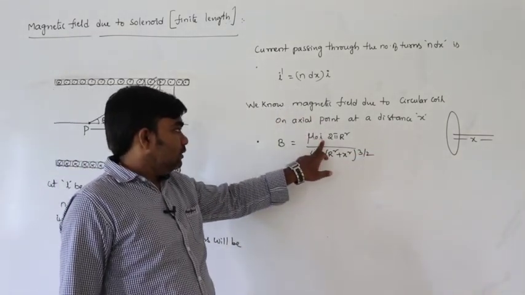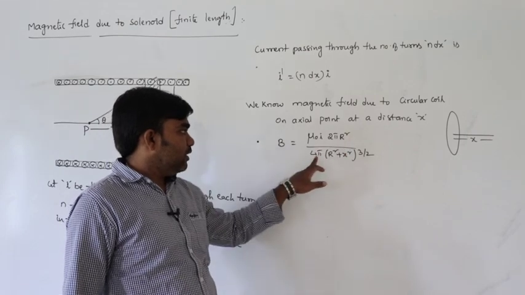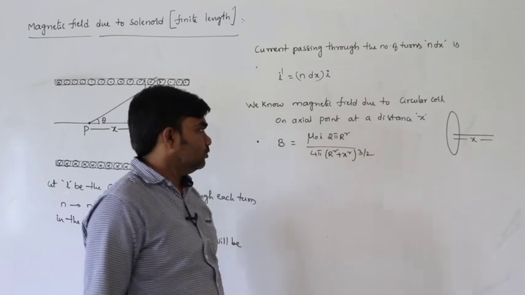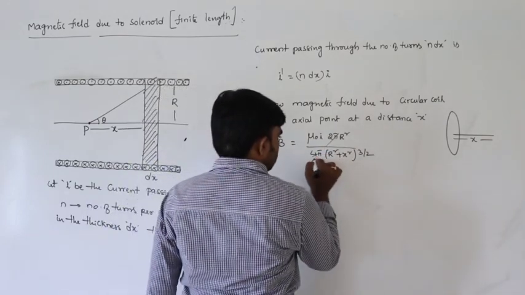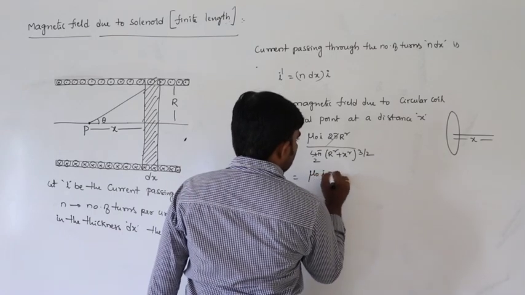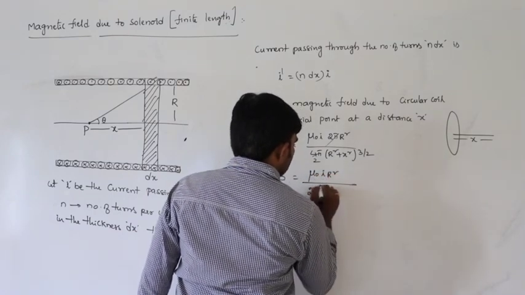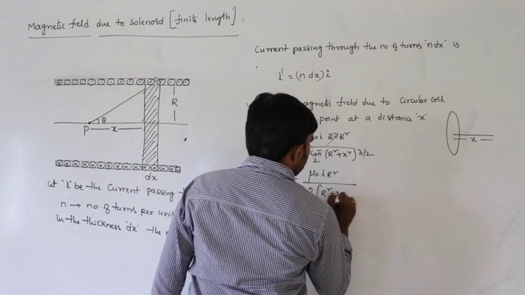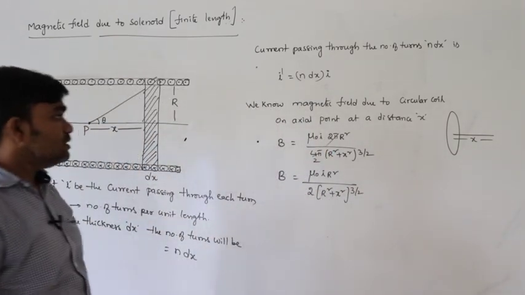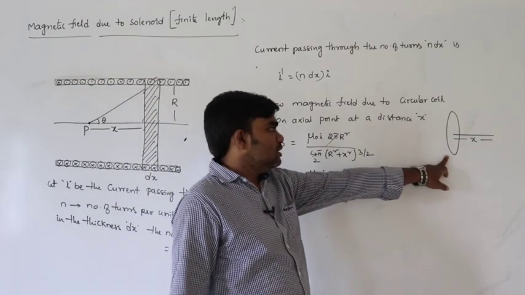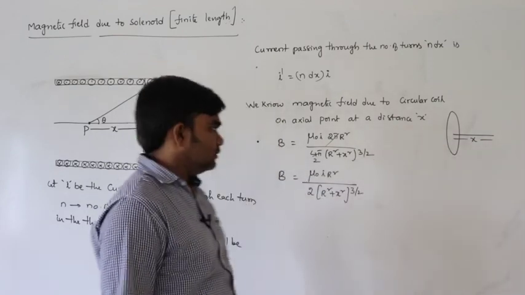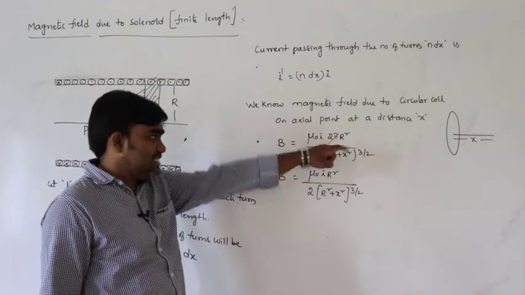This can be written as mu naught I r square divided by 2 into (r square plus x square) whole power 3 by 2. This is the magnetic field due to the circular coil at a distance x from the center, called an axial point.